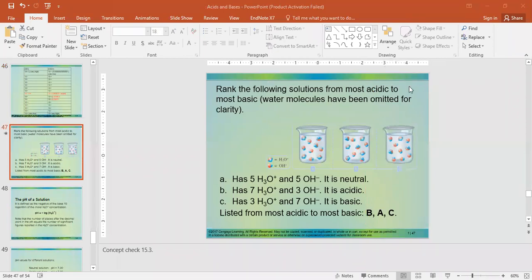So we are told to rank the following solutions from most acidic to most basic. Now, these are 5 hydronium ions and 5 hydroxyl ions. The concentration of the two is equal, and therefore that must be a neutral solution. Is it agreeable?